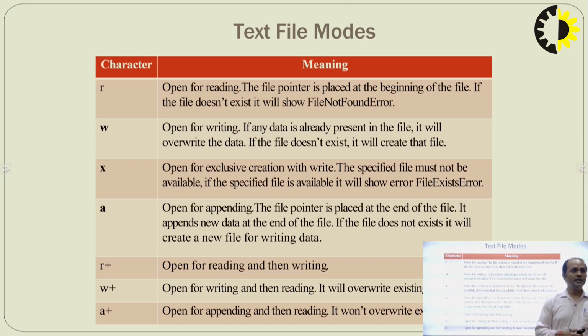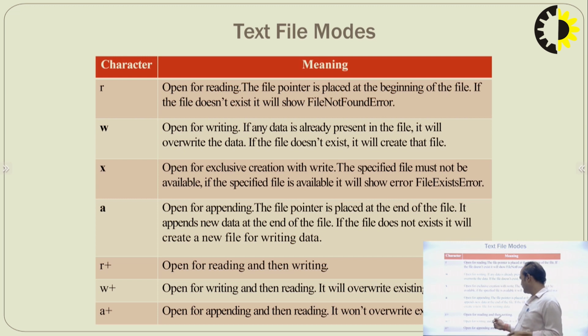That mode will be R plus. That facility is not available in previous modes like R, W. They give only reading, only writing, creation and writing, or appending purpose, but not both operations. So for both operations, we can pass R plus in the file mode.